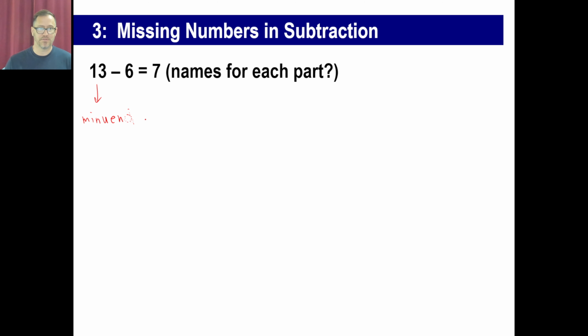Okay, yeah, that's it. And the number you subtract is called the subtrahend. Okay. And the answer to a subtraction problem is called the difference. Good. I'm assuming you said difference.